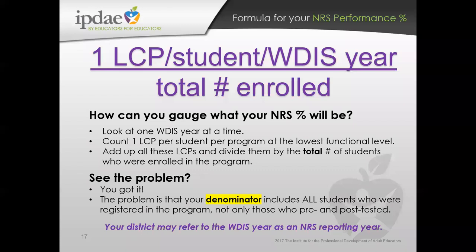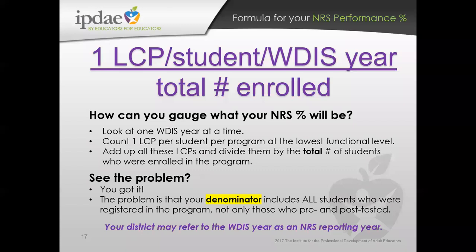Now, in the few slides we've covered so far, it's easy to see where we may have a bit of a problem, right? If we look at the formula on this slide, we're not truly comparing our performance, or at least our testing performance. Normally, performance means how well your students did from pre-test to post-test, but this is not what's being reflected in this NRS formula.